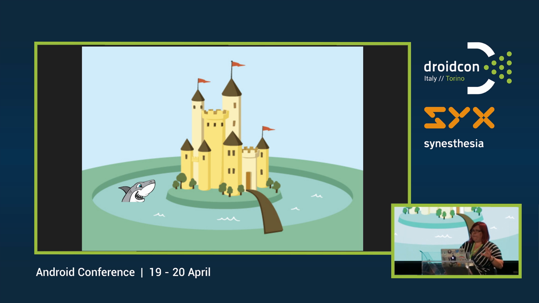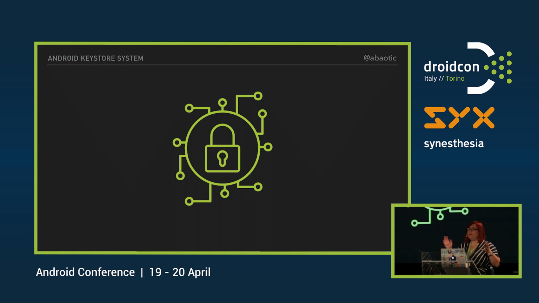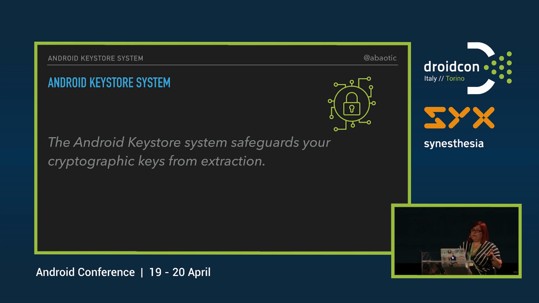Now, the final part, which basically is what you will be using as developers, the Keystore system. Now, keeping any kind of data in your application is something that needs to be taken seriously. The Keystore system is a mechanism that allows you to safeguard any kind of cryptographic or critical data.